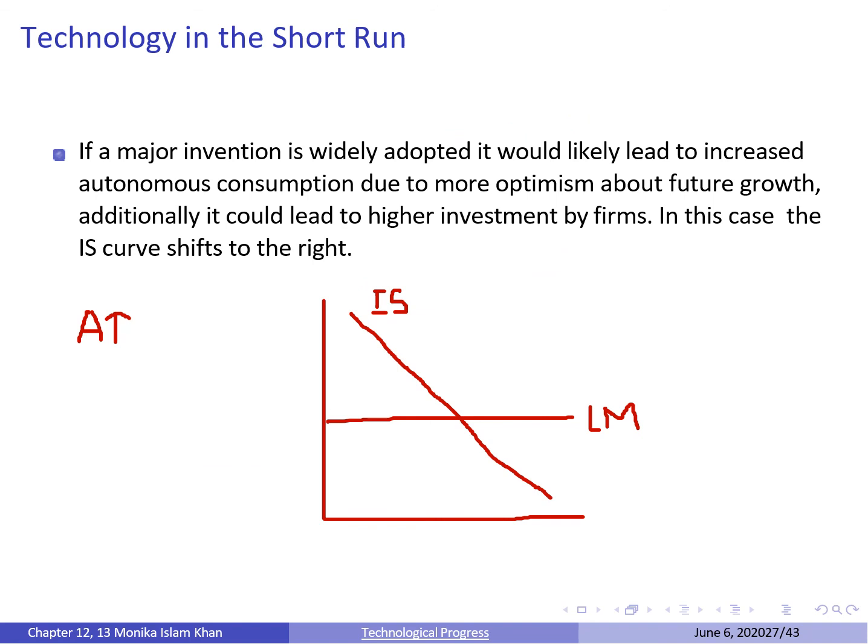So, if there is a major invention and it is widely adopted, then the current state of technology will increase. If the current state of technology increases, this is likely to lead to increased autonomous consumption due to more optimism about the future, and additionally it would lead to higher investment by firms because of that major invention. In this case, your IS curve will shift to the right.